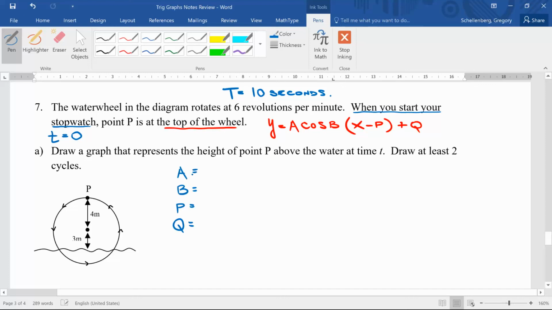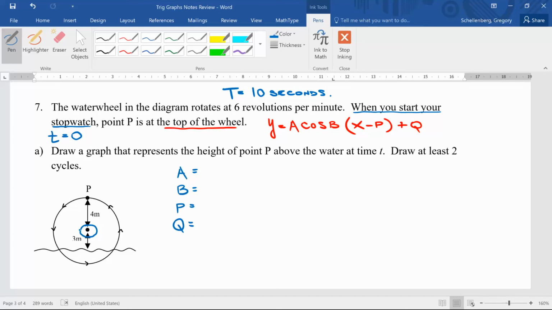And we'll have to do some interpretation of the diagram here. Now this right here is the center. I'll just sort of draw a circle around it. That's the center of our water wheel. You can think about that as being like the crank axle of the bicycle pedals.